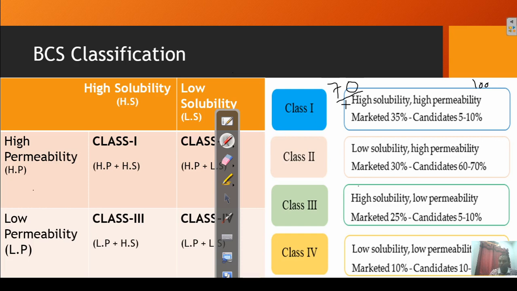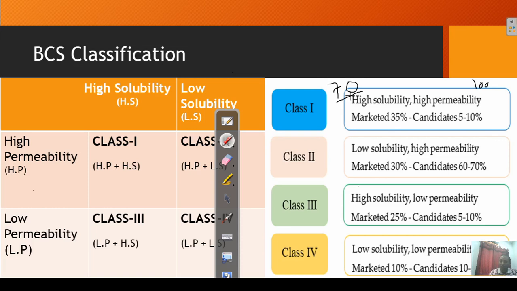So when we are talking about marketed drugs, we take the percentage from these 70 drugs. When we talk about the candidates, it means the total drugs we have discovered up till now. You should consider these two categories in different ways and not mix them. Some students get confused about how there can be 5 to 10% candidates and 35% marketed drugs.